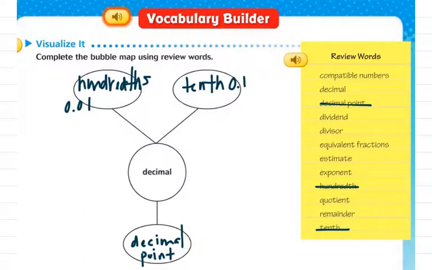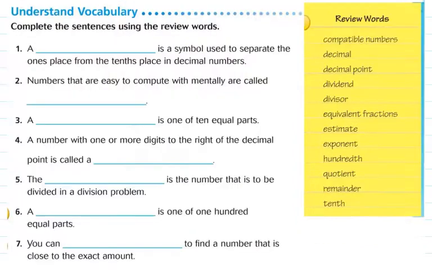Now, boys and girls, we're going to go on to our next part, which is understand vocabulary. And when we start with this, we want to make sure that we read the directions completely so that we can follow through and complete our answers correctly. So it says, complete the sentences using the review words.